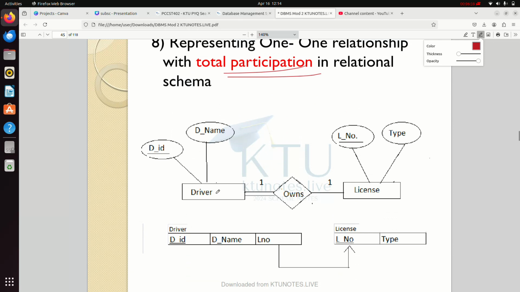Here you have to understand, one driver owns one license, and the license is owned by one driver. That is what one to one relationship means. What is important here is that the driver side has total participation, so you have to write the primary key there, where there is total participation.